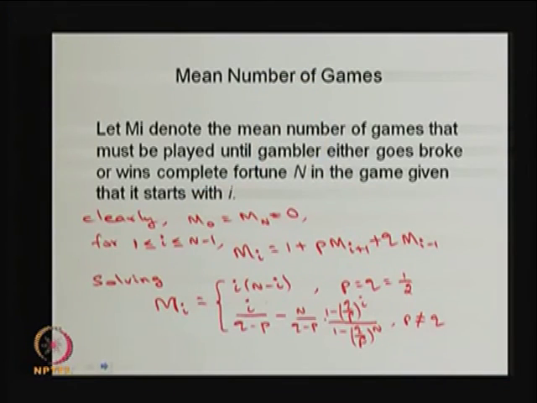Therefore, I am making a random variable m suffix i, the mean number of games, and I know a relation for this, similar to the earlier one. By solving that, I will get the m i's. This is the mean number of games played by the gambler until he goes broke or wins the complete fortune N.